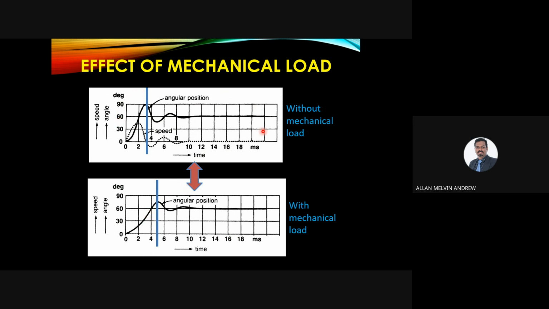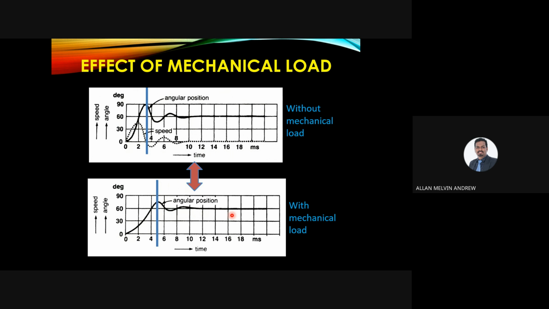Okay, so we can see this is without a mechanical load. It takes almost 10 milliseconds to stabilize. But here, the overshoots are lesser, not much overshoot, and from almost 6 onwards, it already started to minimize and stabilize.